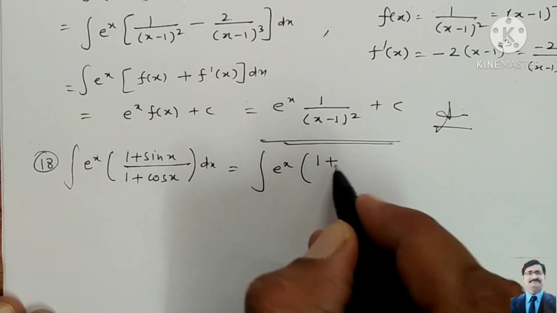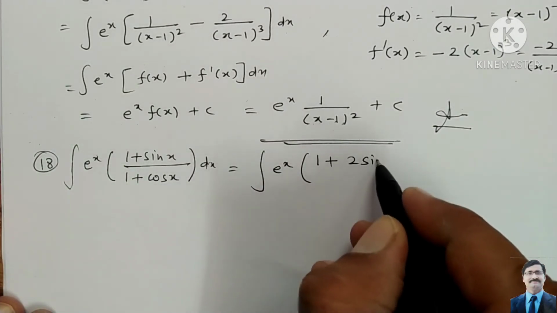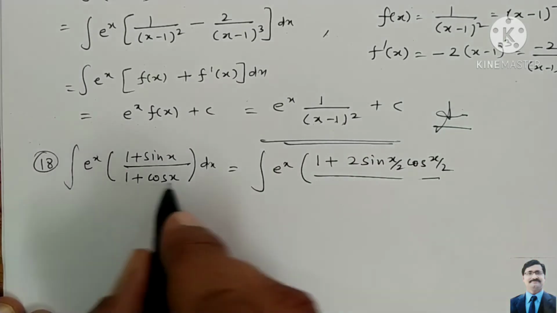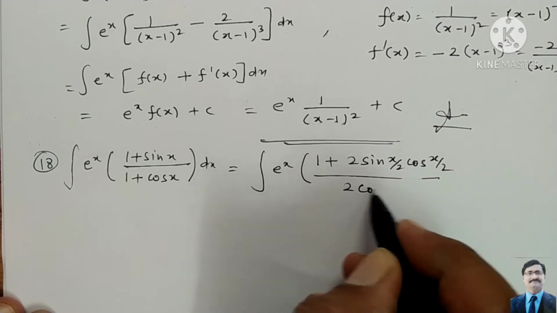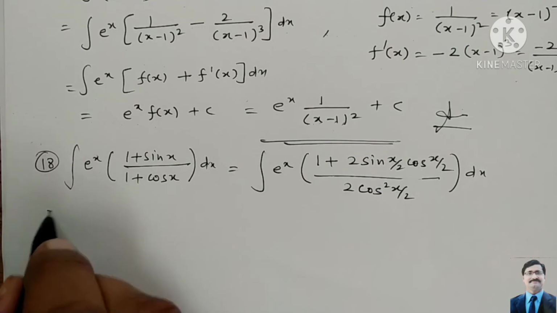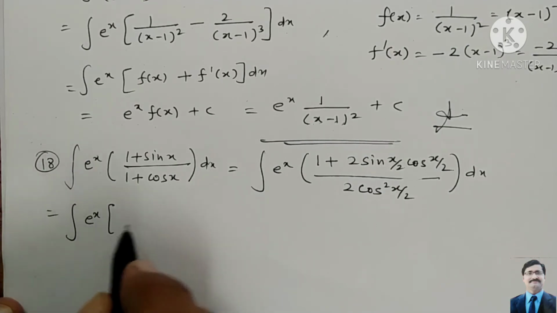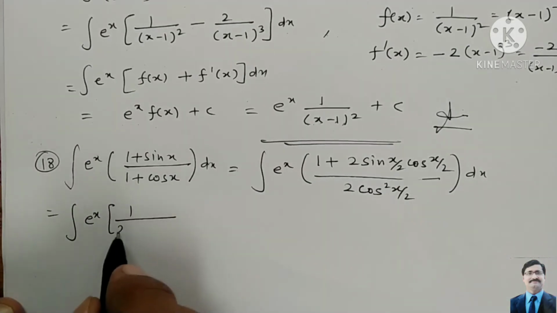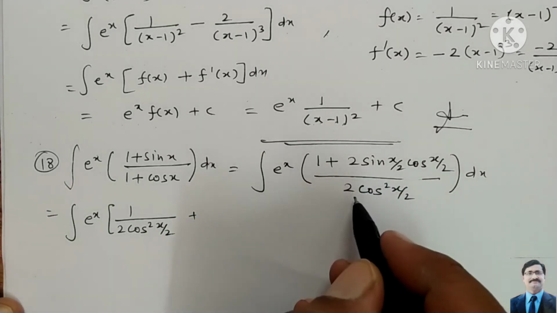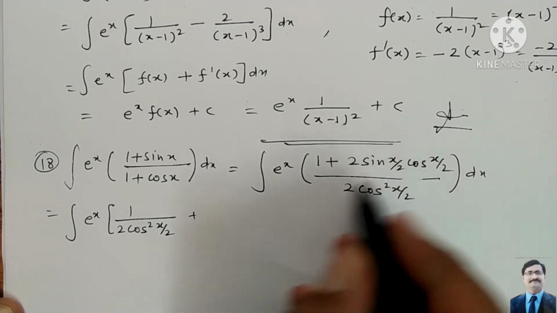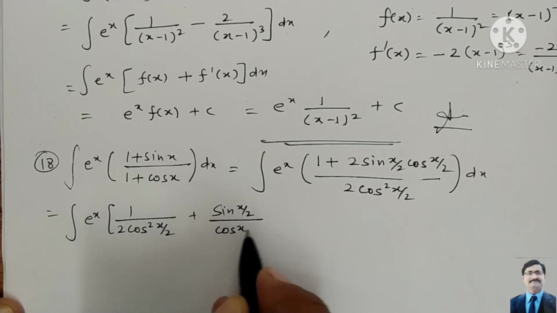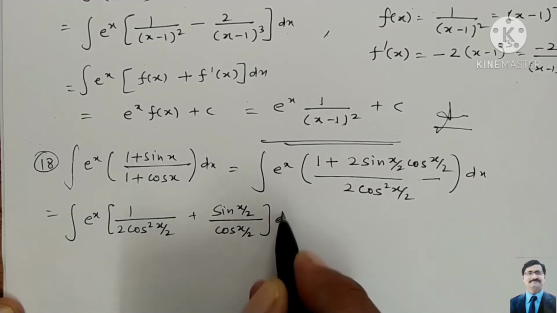First we write 1 + sin x, we can write 2 sin(x/2) cos(x/2), and here also 1 + cos x we can write 2 cos^2(x/2). And we can separate, we get e^x times 1/(2 cos^2(x/2)), and here the 2 cancels, one cos cancels, means sin(x/2) upon cos(x/2), and dx.